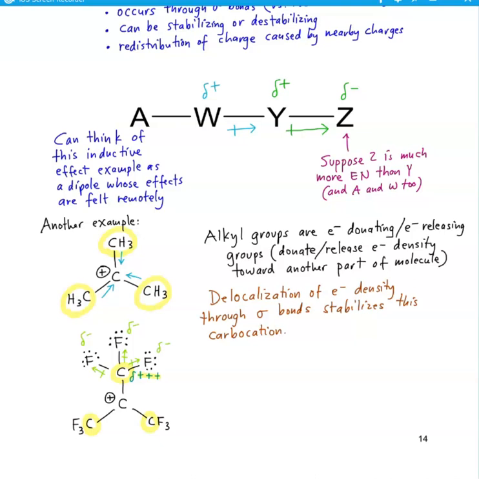So a question that we might ask is, is inductive withdrawal, or is an inductive effect, always stabilizing? And the answer is no. In this case, the inductive effect is destabilizing.